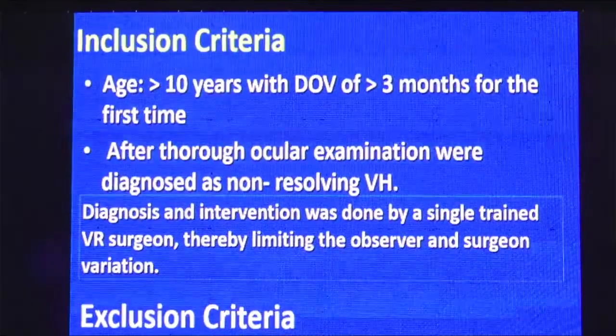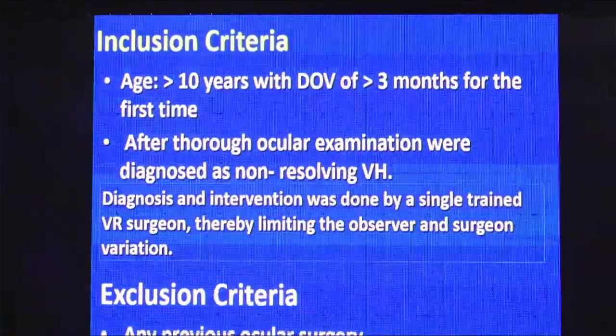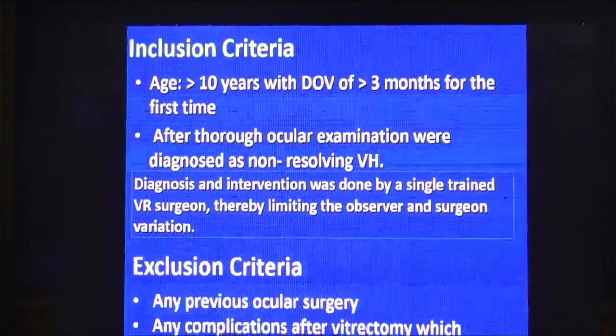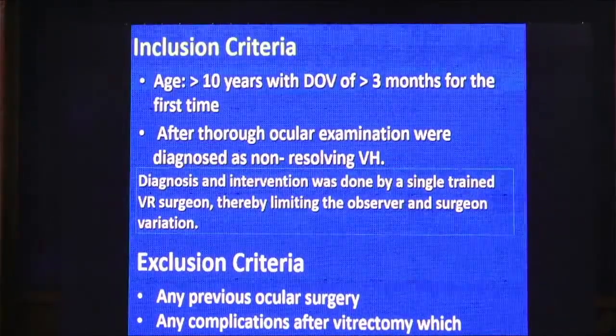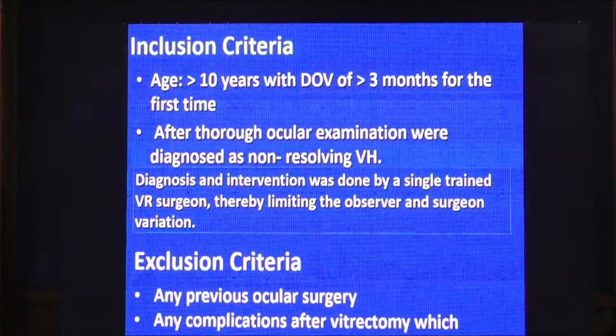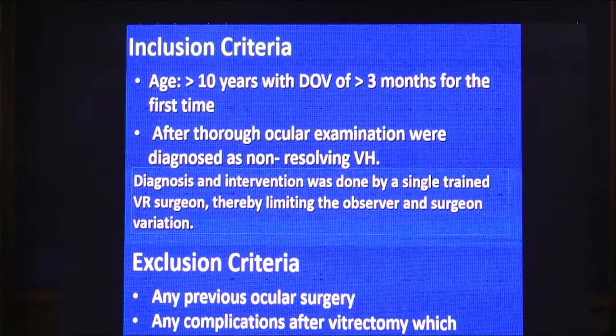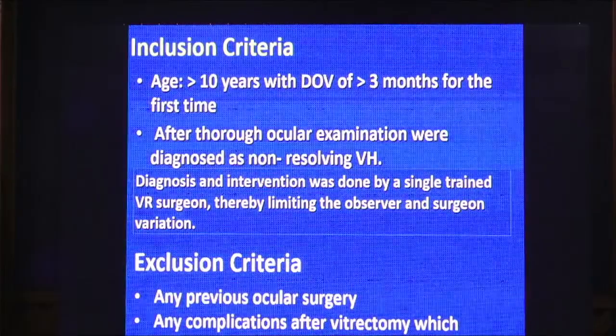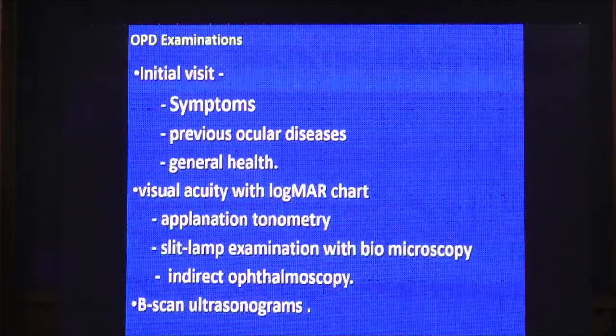The inclusion criteria was age more than 10 years with dimness of vision for more than 3 months for the first time at presentation, and after thorough ocular examination, diagnosed as non-resolving vitreous hemorrhage. Exclusion criteria were any previous ocular surgery, or any complications after vitrectomy which needs additional intervention.